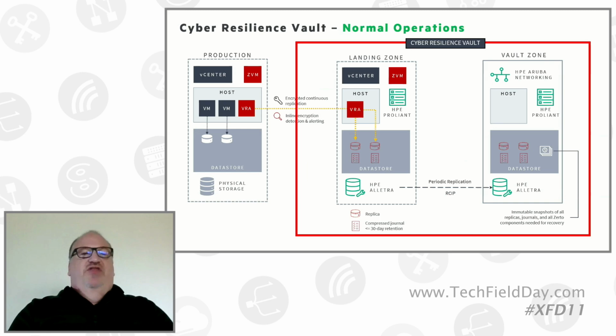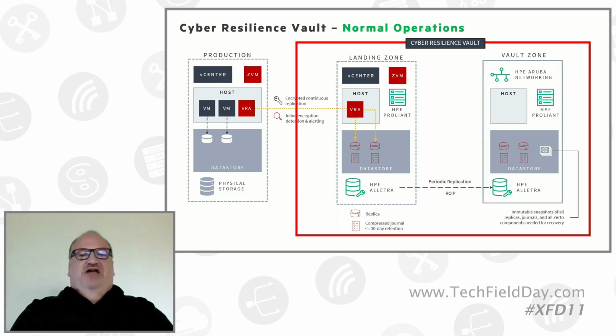What I'm showing here on this screen is just another representation of the Zerto Cyber Resilience Vault being connected to a production environment. In this case, as you can see by the labels, production is outside the red box. It's one of the boxes. Landing zone is a box. Vault zone is a box. The yellow dashed lines between production and landing zone represent the continuous data replication that Zerto does.